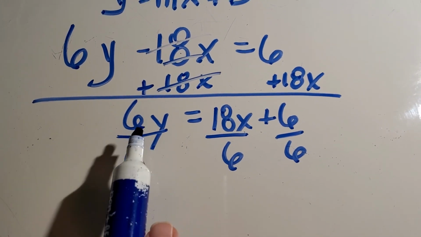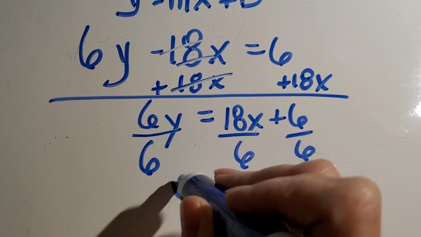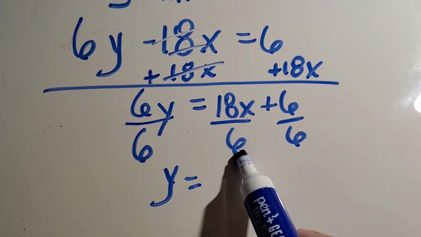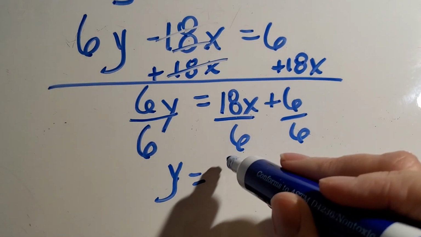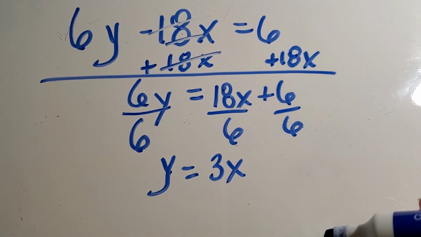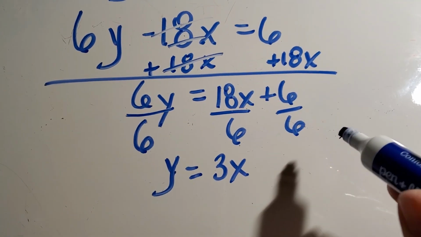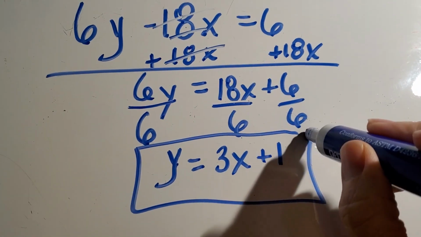So now we're going to simplify. What is 6y divided by 6? That is just y. What's 18x divided by 6? Well, 18 divided by 6 is 3, so that leaves us with 3x. And then we have plus 6 divided by 6. Well, 6 over 6 is 1. So this is my equation.